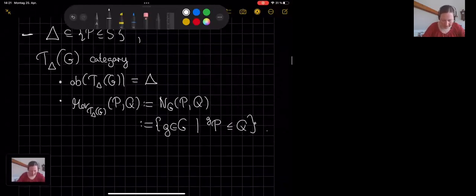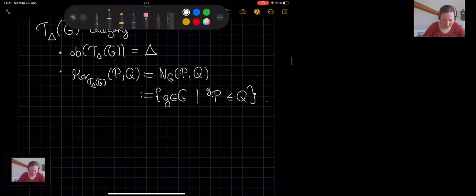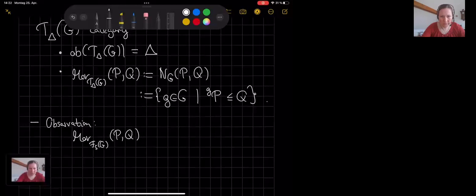Okay, so that's another category, and if you would take Delta to be the set of all subgroups of S, then it in some sense contains more information than the fusion system. So, observation: the morphisms in F_S(G) from P to Q are, as I said, the conjugation homomorphisms.